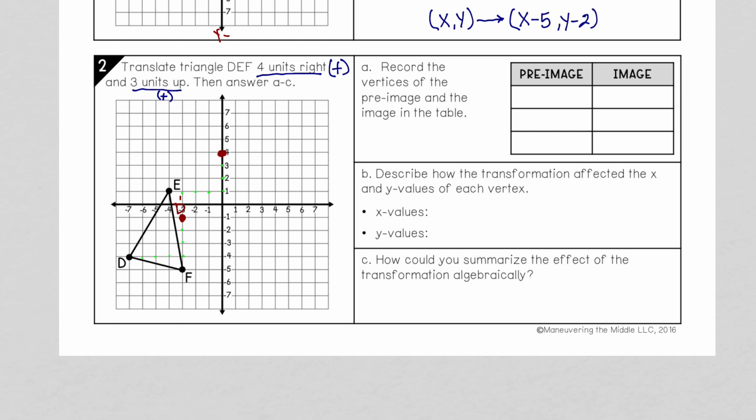So that's where our E prime will be. Now F, right 4, 1, 2, 3, 4, up 3, 1, 2, 3. So we've got our F prime. So let's take a look at how that comes together.